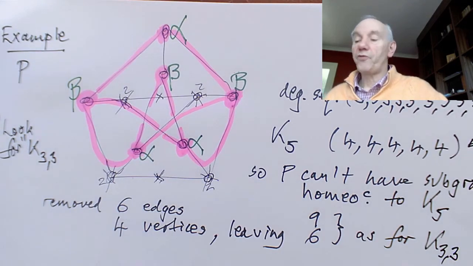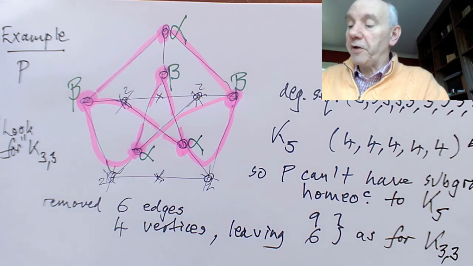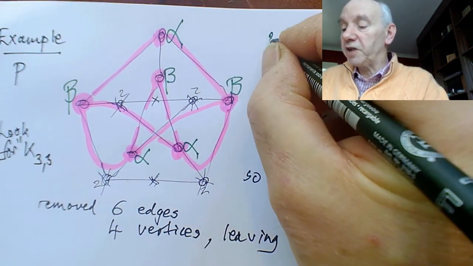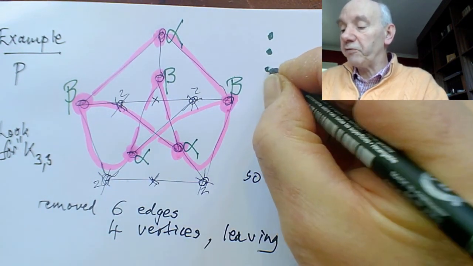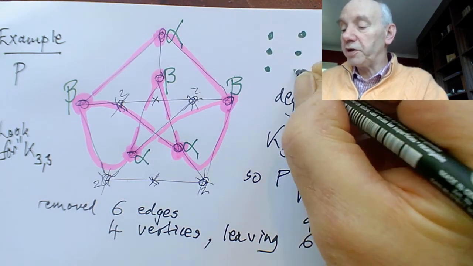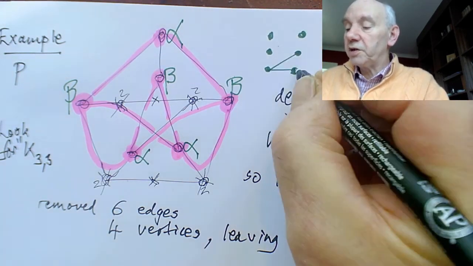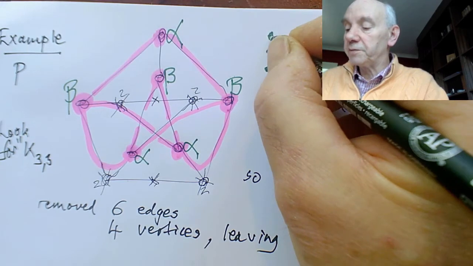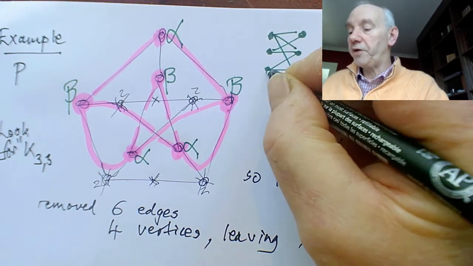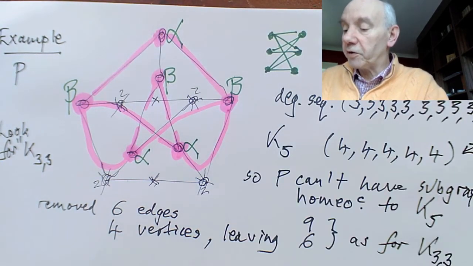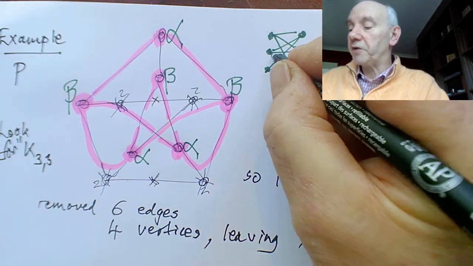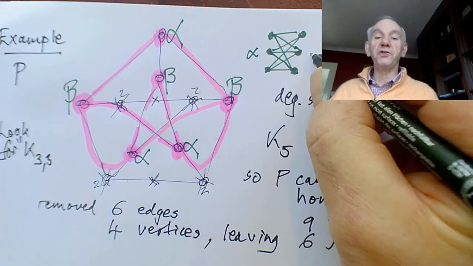So we could put the 3 alpha vertices together and the 3 beta vertices together, and we've got K3,3 by joining all the alpha vertices to the beta vertices. There's a total of 9 edges. So the alpha vertices on the left and the beta vertices on the right. So you see that is K3,3.